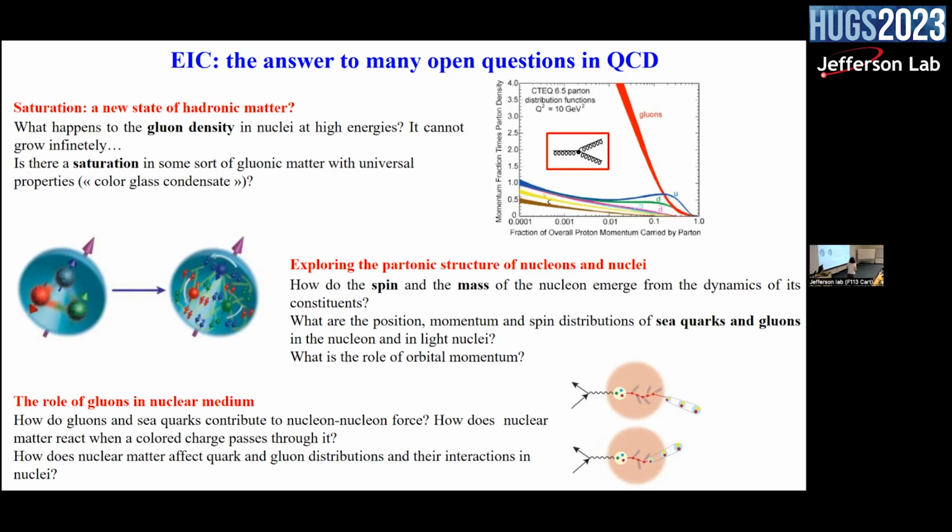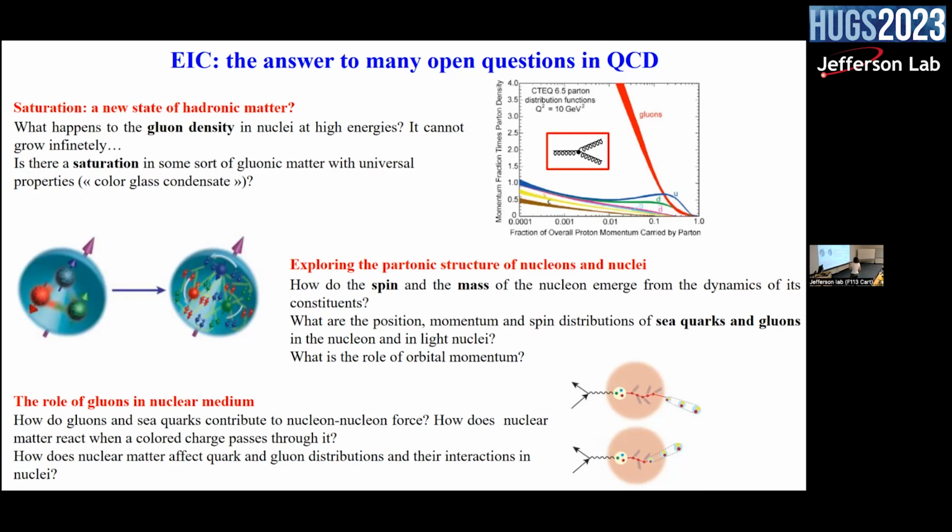As I showed you in the first lecture, there were these different PDFs for the partons, and the gluons have a distribution that increases indefinitely with decreasing X. So what needs to be understood is whether there is some moment at which this rise stops, some sort of saturation that happens with gluon matter. This is something that can be explored by going to lower X with the use of a collider.